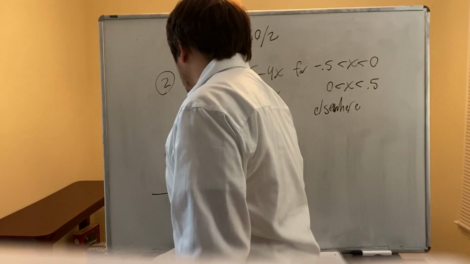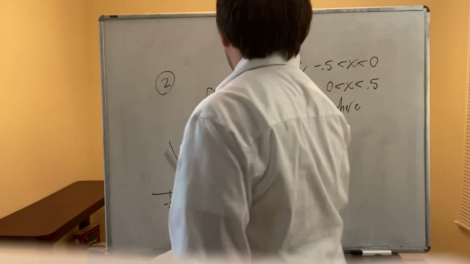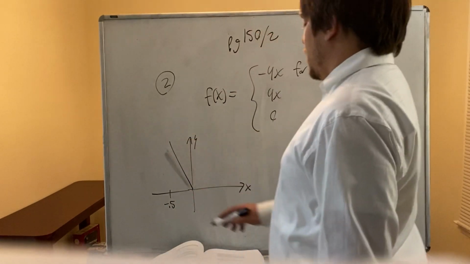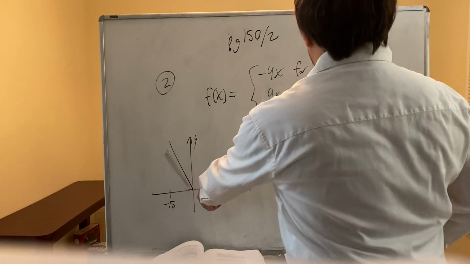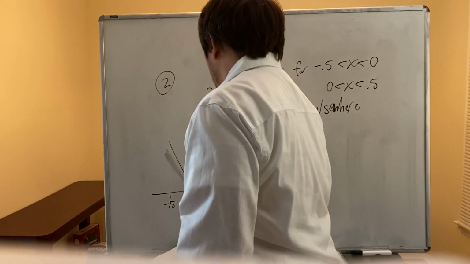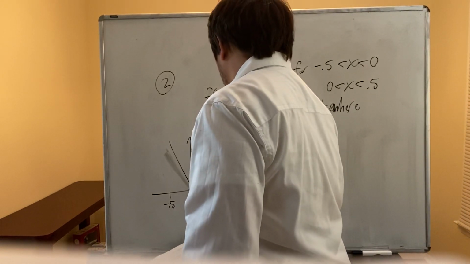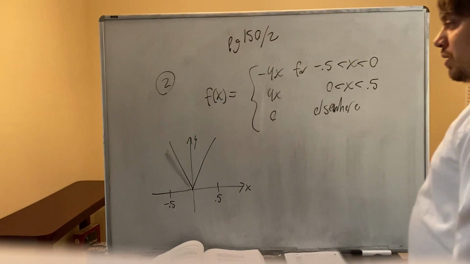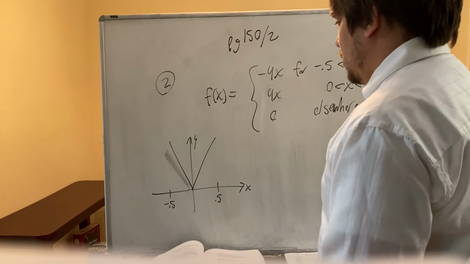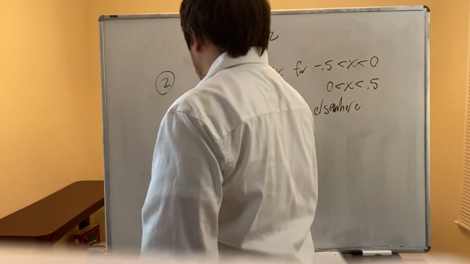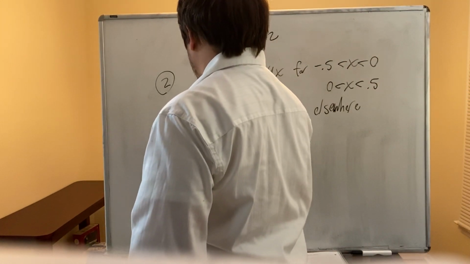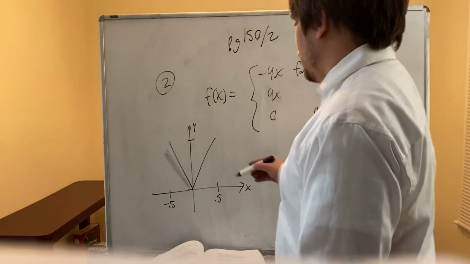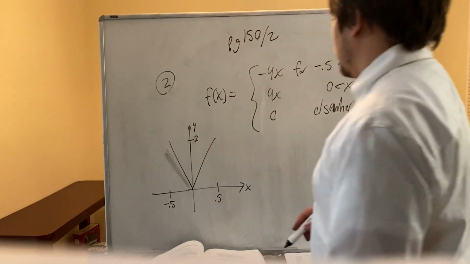Okay, so let's say this is negative 0.5, negative a half, and this is negative 4x between negative 0.5 and 0, and then it's 4x from 0 to 0.5. That's 0.5 there. Alright? And so this height is the value of 4x at 1/2, which is 2. The height of the function is 2 there.